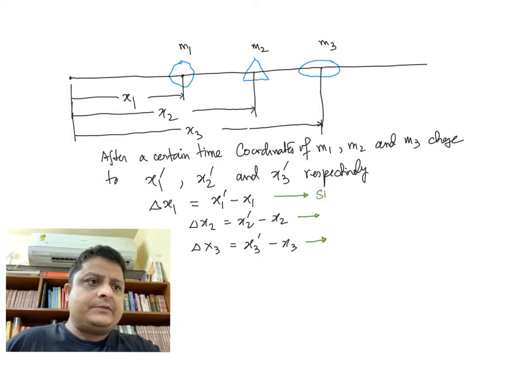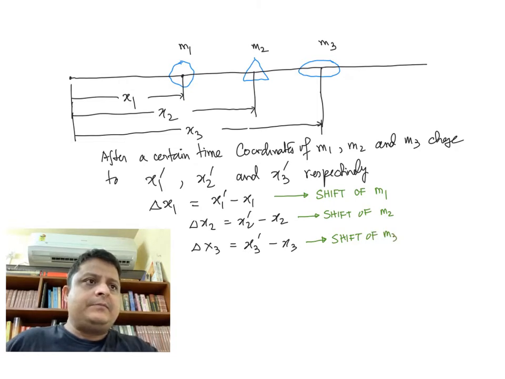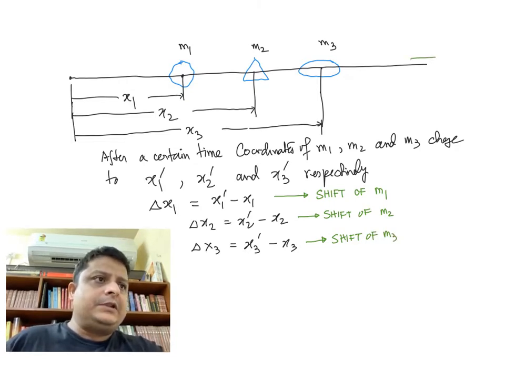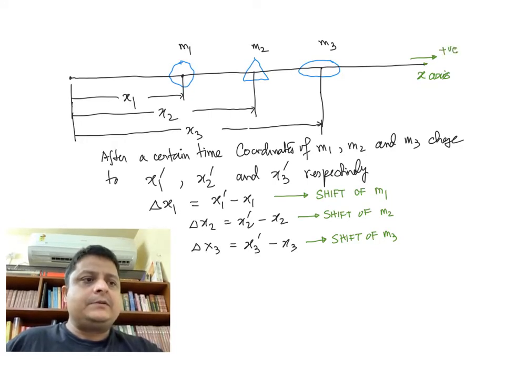of m1. Now delta x2 is the shift of m2, and delta x3 is the shift of m3. Shift means the change in coordinate. Say we take all the shifts towards the right because the x-axis we have chosen is towards the right, so that is the positive direction.